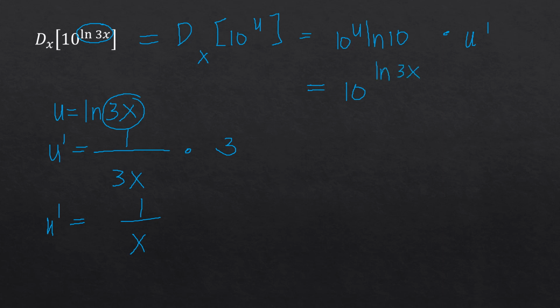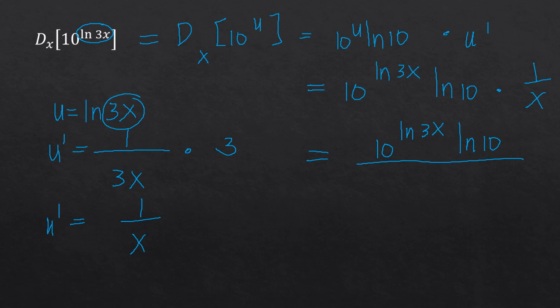We substitute now u, ln of 10 times 1 over x. So our answer will now be 10 raised to ln of 3x times ln of 10 over x.